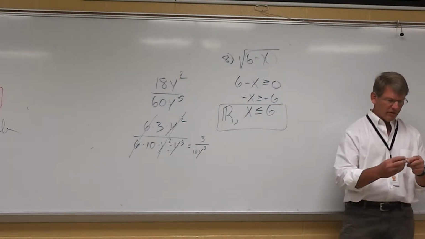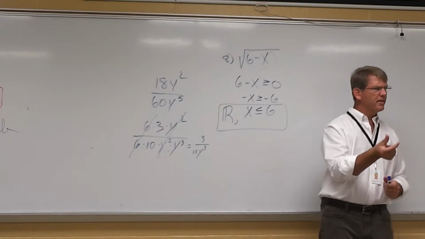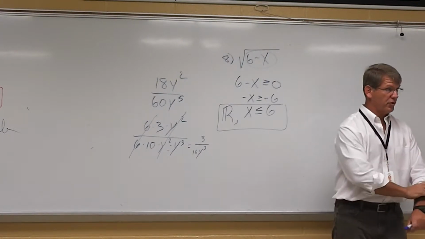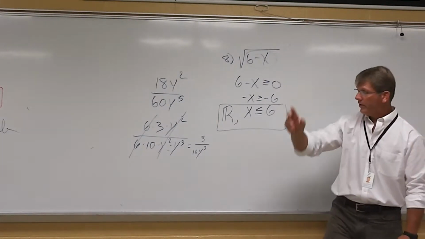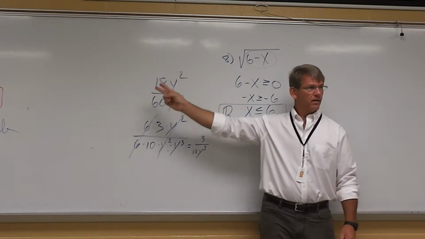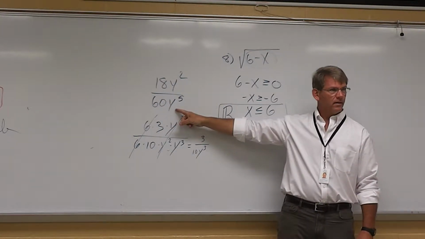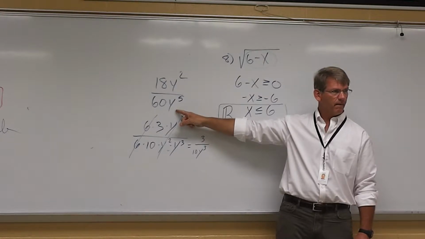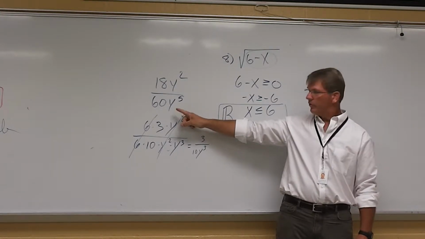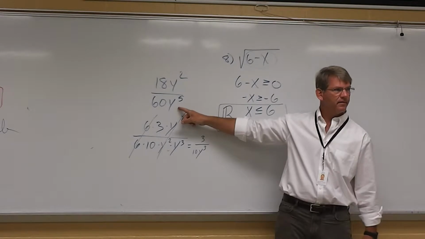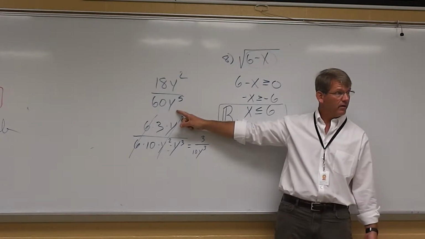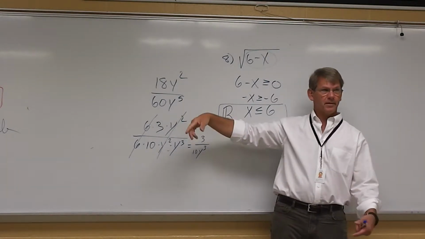Now, here's a little nuance to this idea of listing the exclusions to the domain. When you look at the original up here, what number can y not be? JT? What number would screw this thing up and make it undefined? 0. Yeah, if y was 0, 0 to the 5th is 0 times 60 is 0.